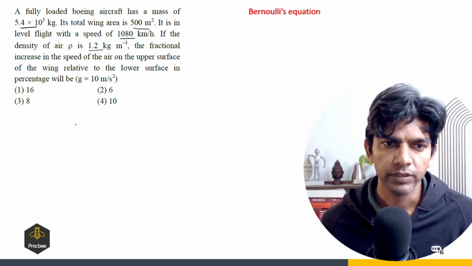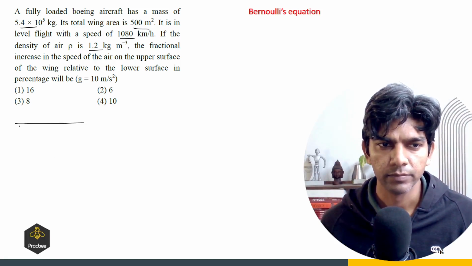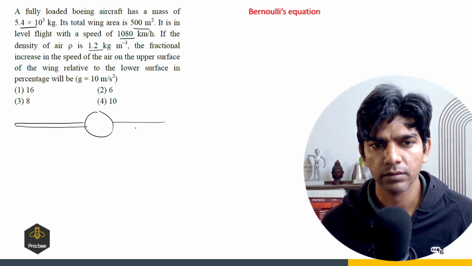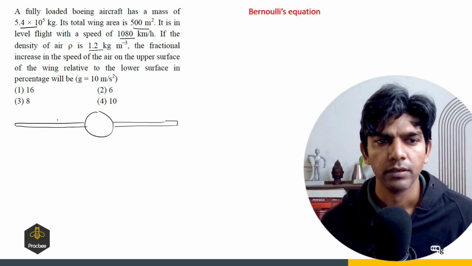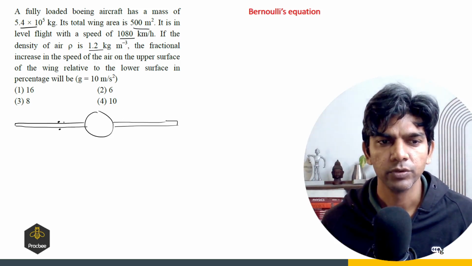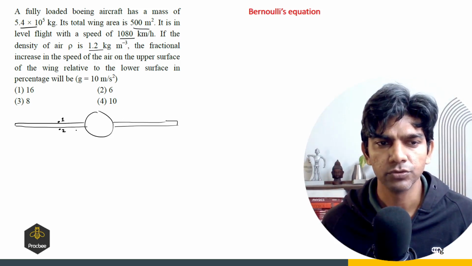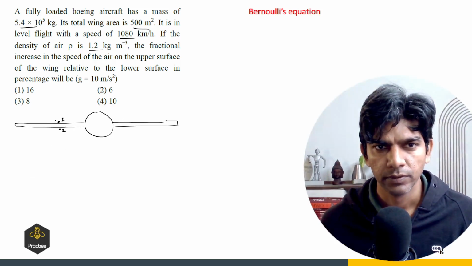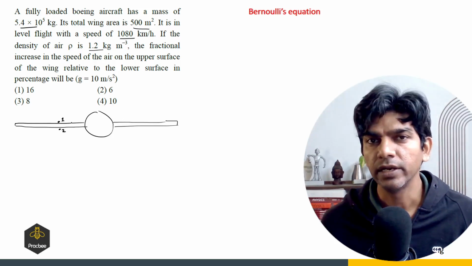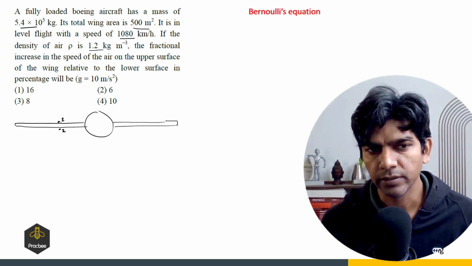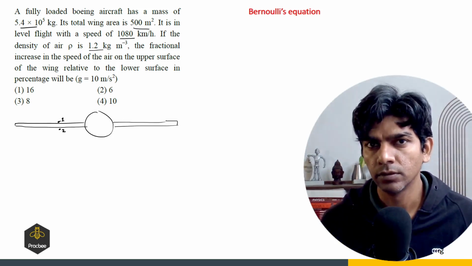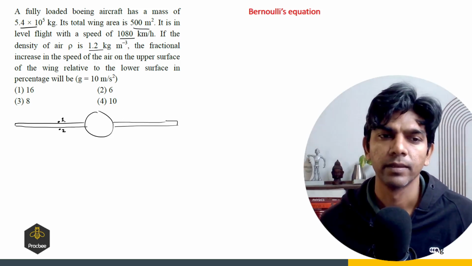So here what they're saying, if I draw the diagram, so let us say this is the left wing and this one is the right wing, and if I consider 2 points, let me call this point as 1, this point as 2. So to have lift, the velocity at 1 should be greater than velocity at 2.